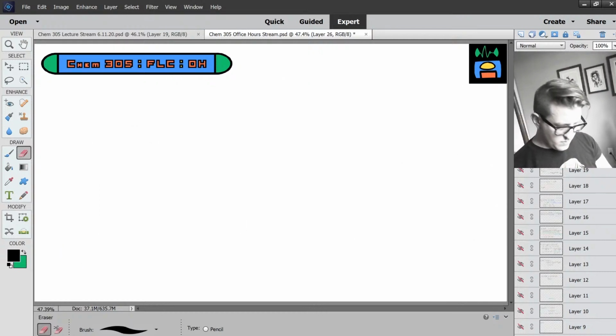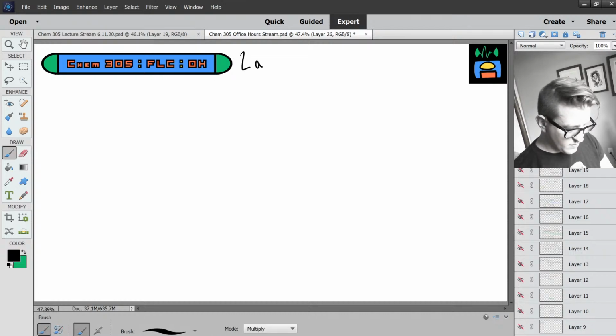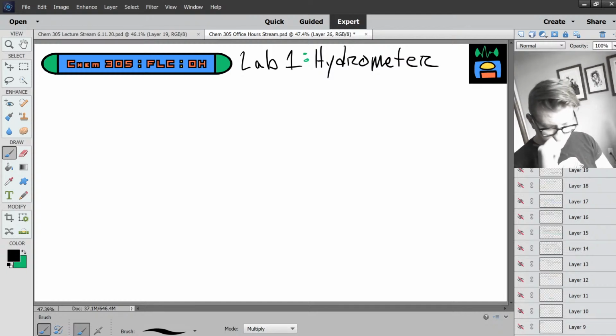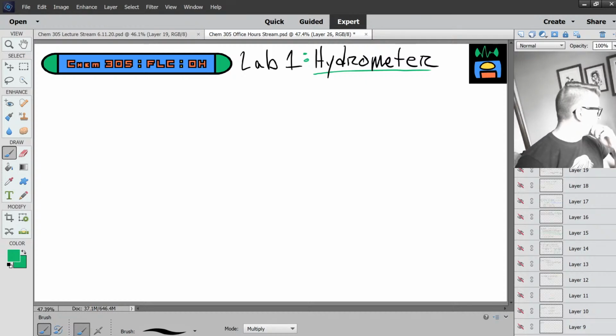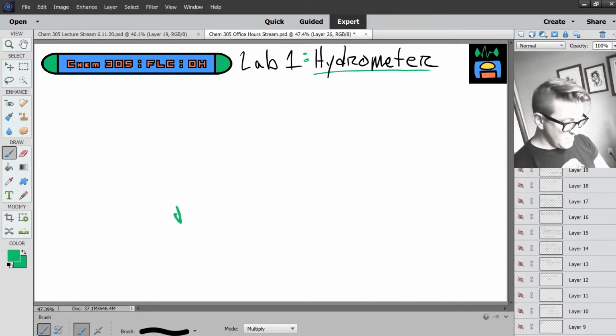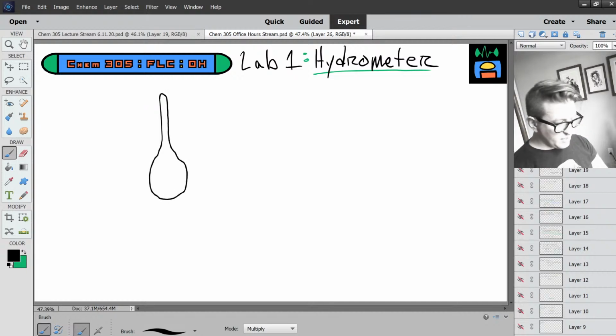So with the hydrometer. It's this funky little bell-shaped thing, right?